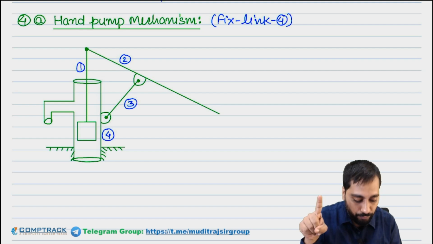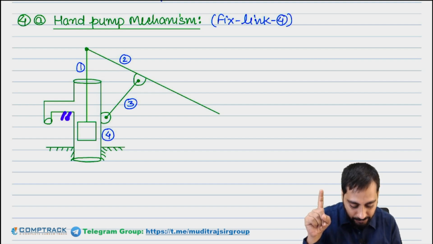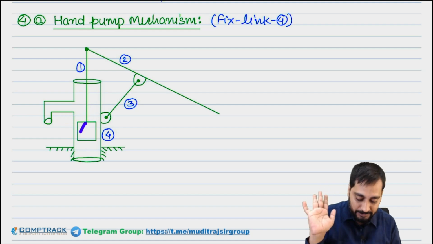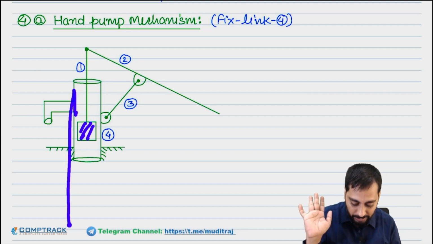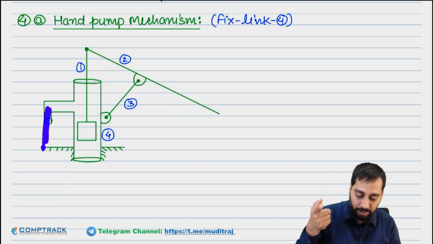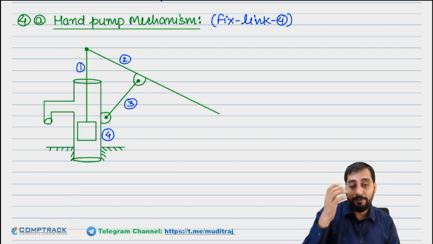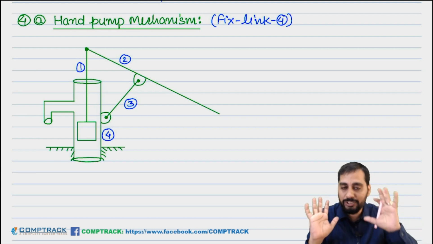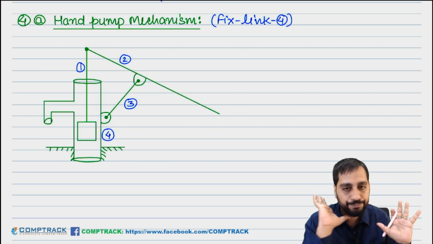Whether you keep this fixed or move this, or you keep this fixed and move this whole cylinder pipe, in both cases water will come out. Whether you move the piston inside the cylinder or you move the cylinder over the piston, in both cases the output will be the same.